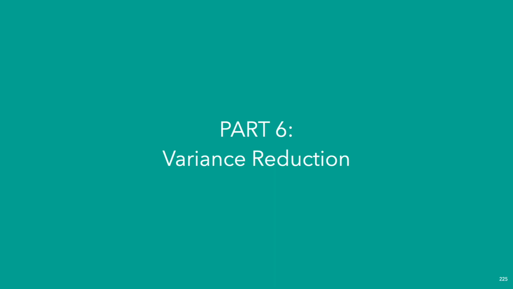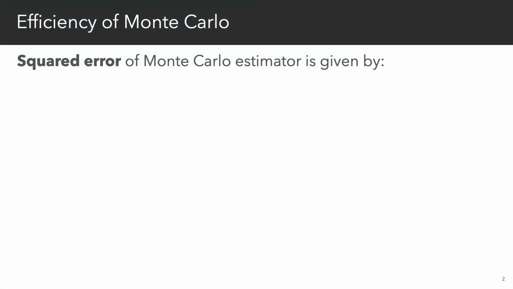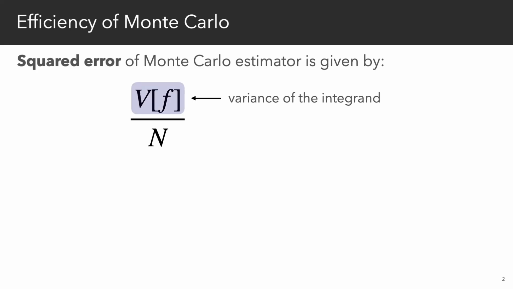But for now, let's switch focus for a little bit to improving the efficiency of existing estimators. Recall that the error of any Monte Carlo estimator can be measured by its sample variance, which consists of the variance of the integrand f, as well as the number of samples we use to estimate the integral.